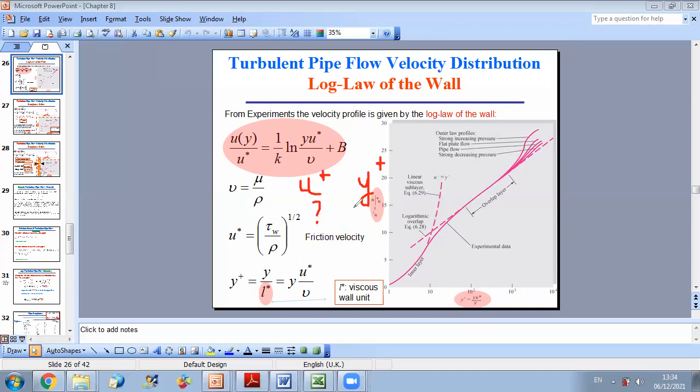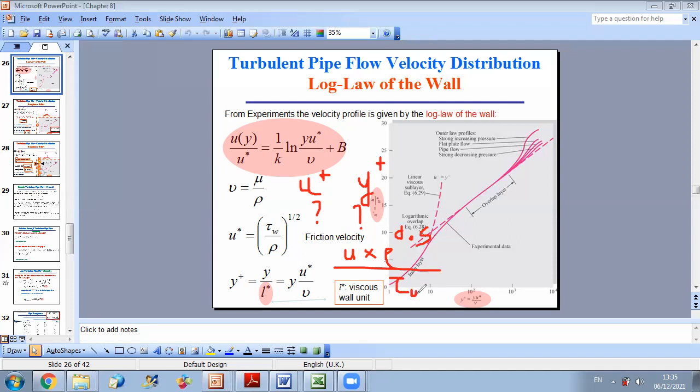If you want to find what these groups are, you use chapter 7. If you use chapter 7 and do the dimensionless analysis, you will get that the first group is u times rho to the power 0.5 over shear stress to the power 0.5.